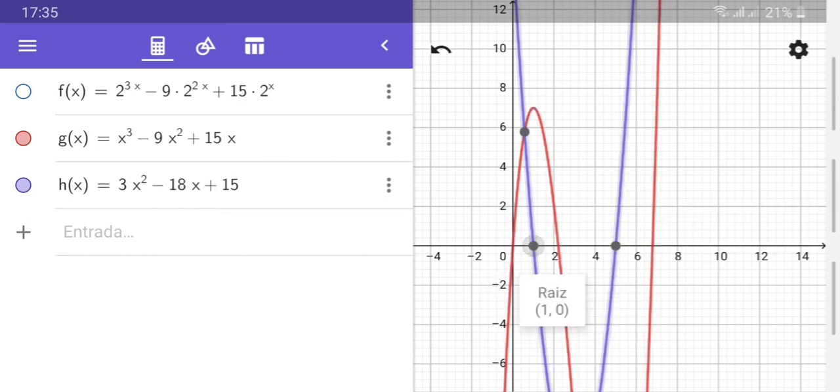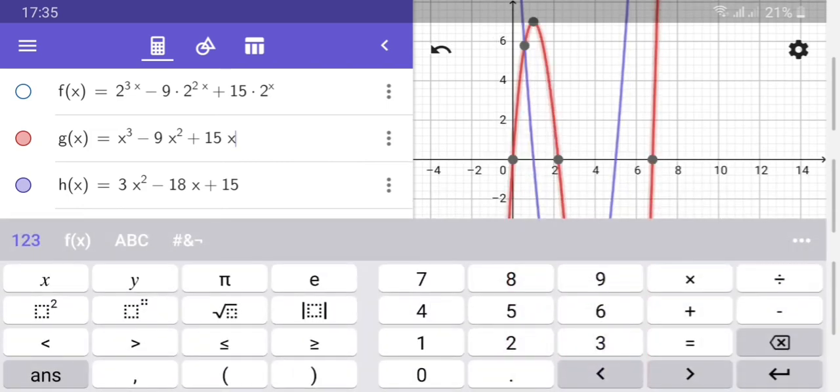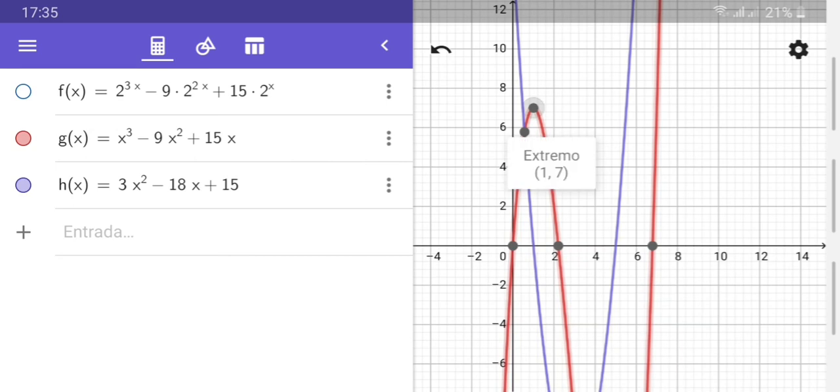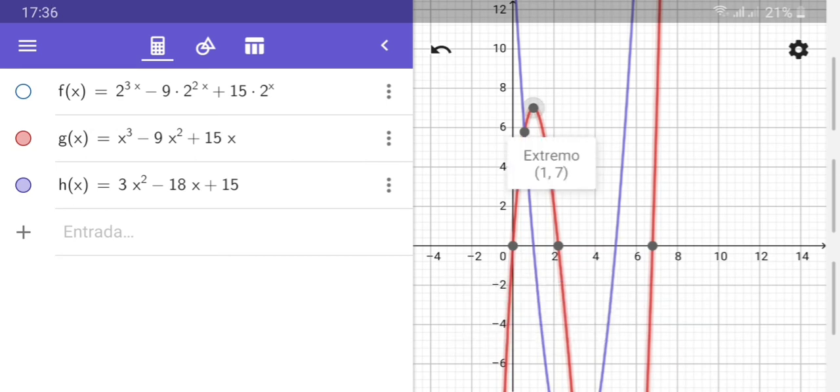Look, when it cuts the x-axis, in these points, when the red one has a maximum point, the purple one is cutting the x-axis.